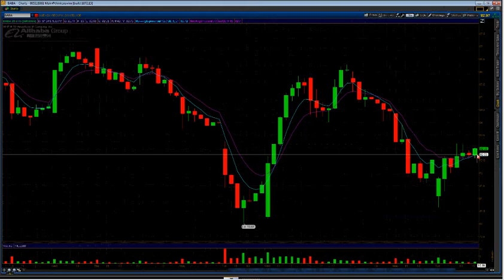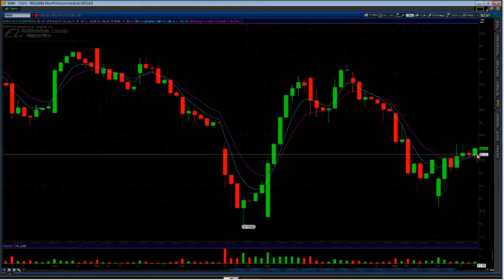One thing I looked at when trying to modify things was I would only buy a long position not just when the 5 crossed above the 9, but the 9 had to be not pointing down. I didn't say it had to be pointing up, did I? The 9 could be flat, but the 9 could not be what?